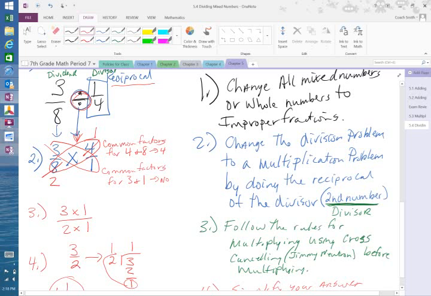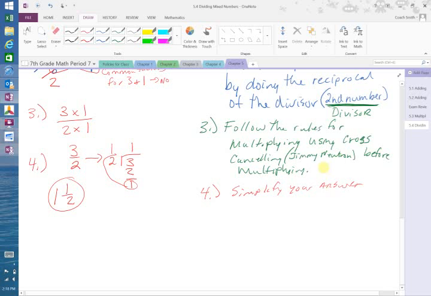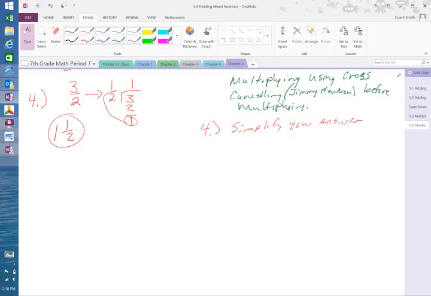You can't just change it to multiplication and do nothing to the number after it. Then you've got a totally different problem. So the inverse of division, dividing fractions, it's the same thing as multiplying by the reciprocal of the number.